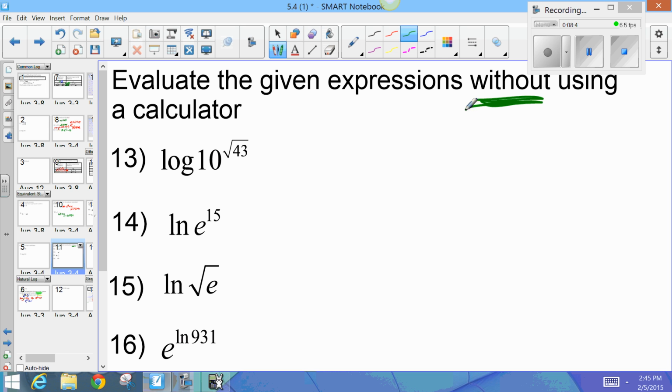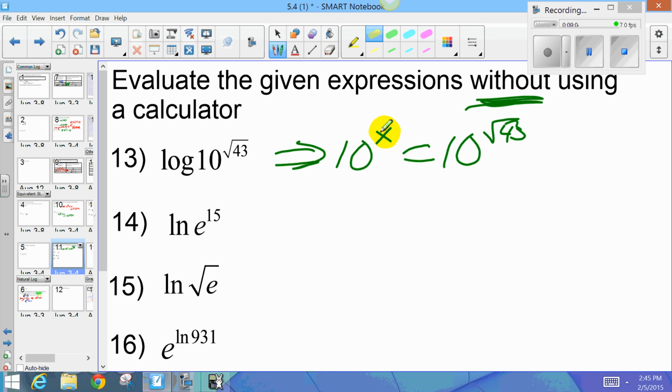What we have is 10 to the power of something equals 10 to the power of the square root of 43. They're both base 10, to the power of something. So therefore, x must be equal to the square root of 43.